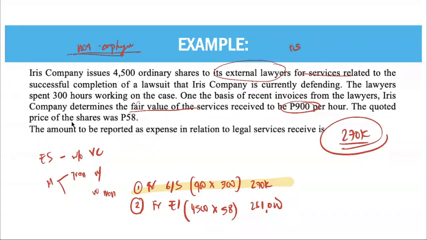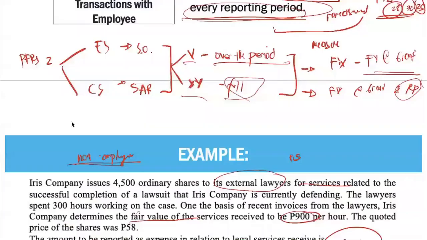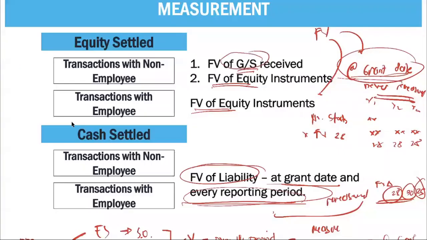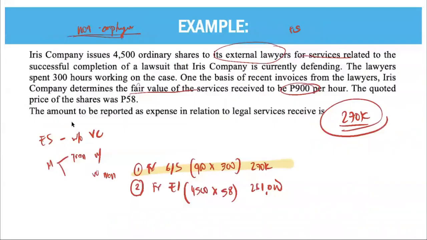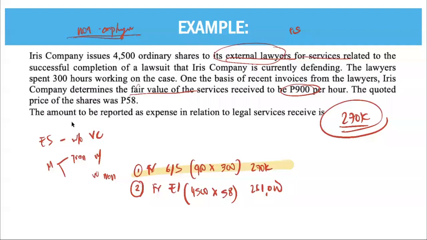Okay, so this is an example of an equity settled without vesting condition transaction with a non-employee. Okay, balikan natin. Transaction with non-employee, fair value of goods or services, fair value of equity instruments. So here we have external lawyer. It is with a non-employee. So get the fair value of goods or services. That is 900 per hour times 300 hours.